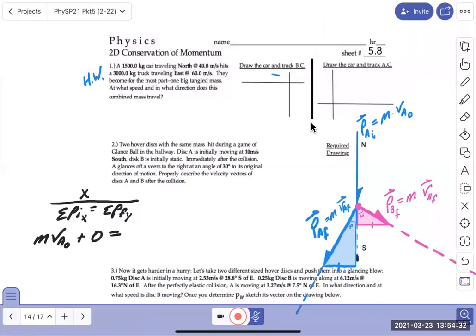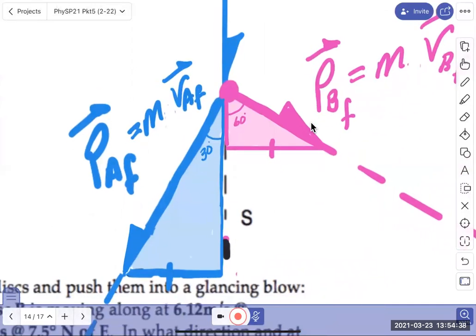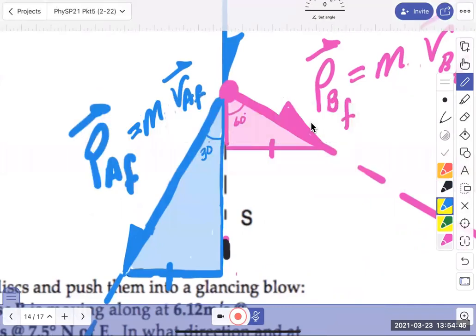Okay, here we go. I'm going to need this leg, and this leg of the blue triangle will be, I tried to avoid it as long as I could. This will be m v a final cosine 30 degrees.